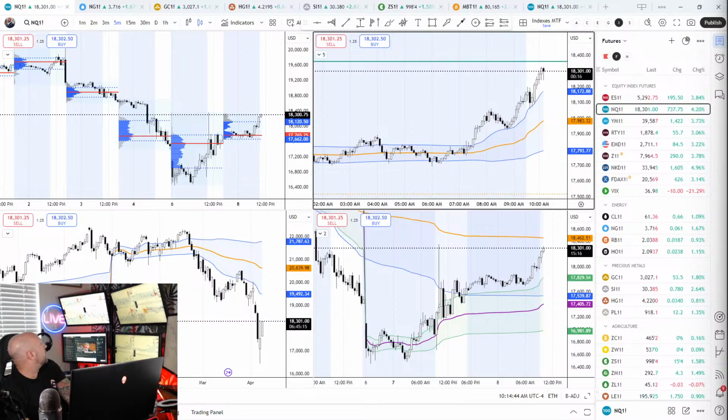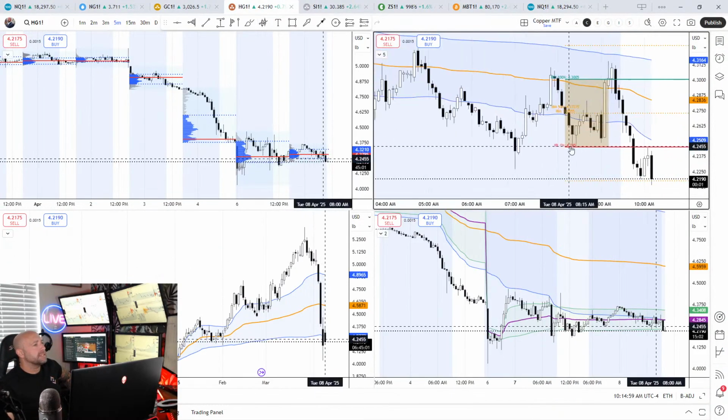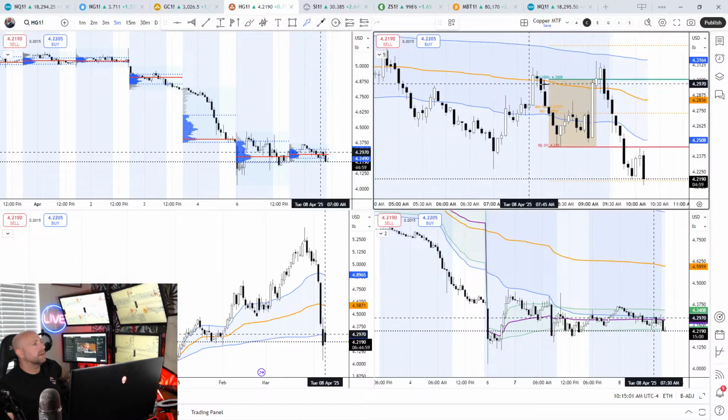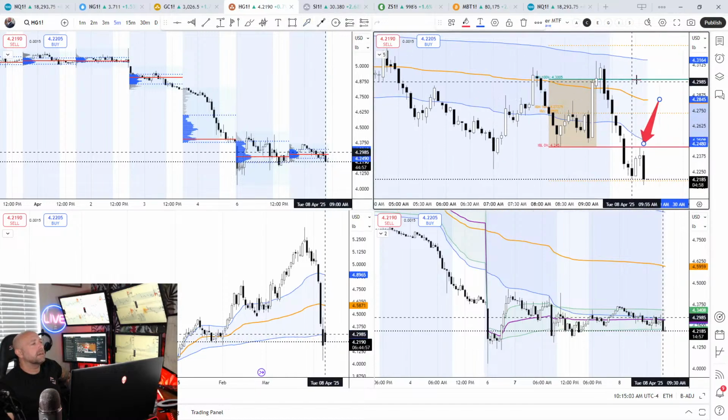Does look like natural gas is still trying to get a bounce here. Nope, can't do it. There was something that was close to a price discovery short on copper.